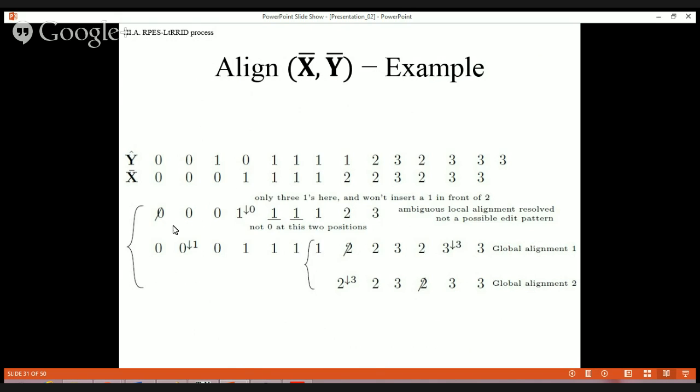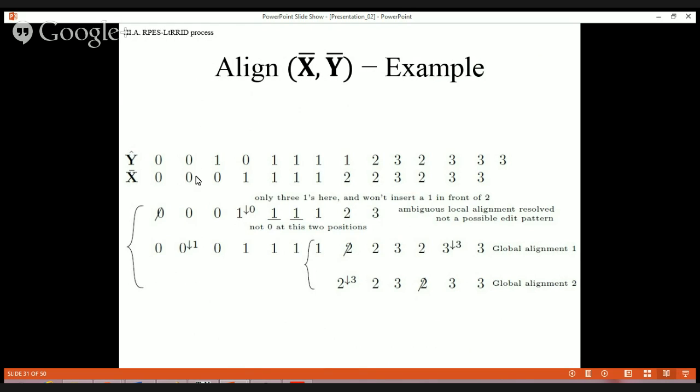So there may be 2 different cases. The first case is a deletion in the X run, reducing the length of the run by 1. The second possibility is that there is an insertion after the second 0, an insertion of a different symbol after the second 0, so the run is broken into 2 runs.